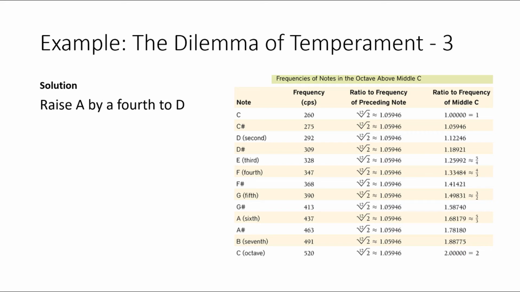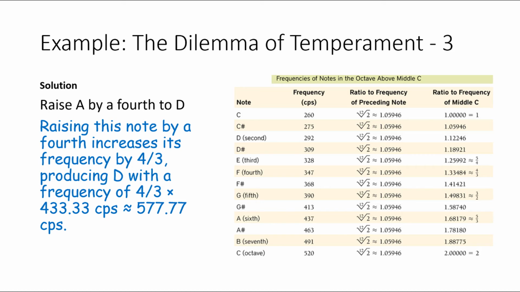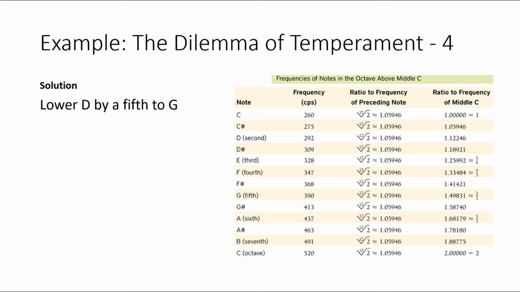Now we'll raise A by a fourth to D. Raising this note by a fourth increases its frequency by 4/3, producing a D with a frequency of 4/3 times 433.33 CPS, which is approximately 577.77 CPS.